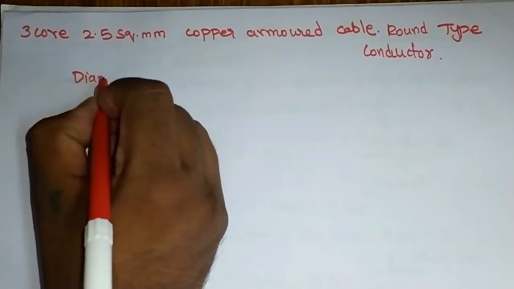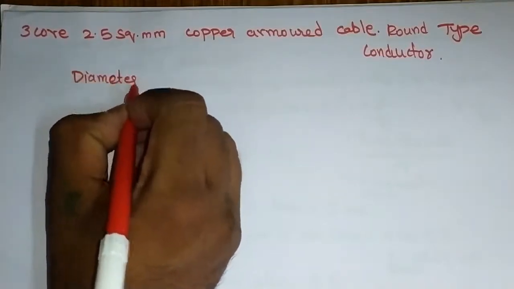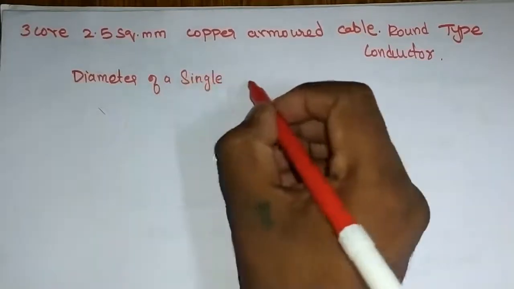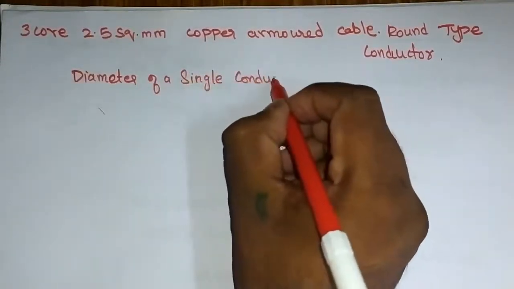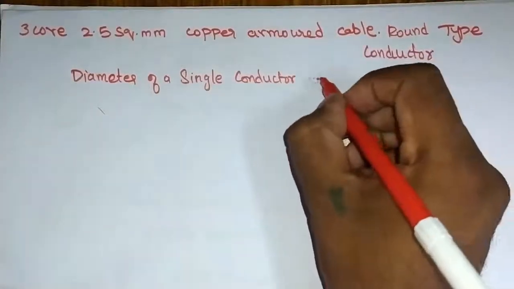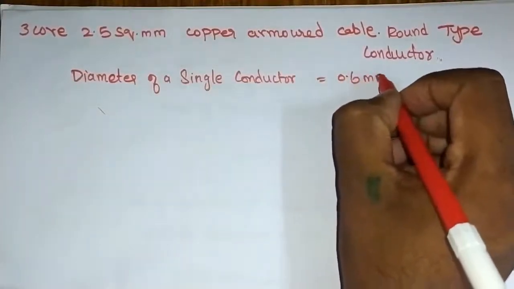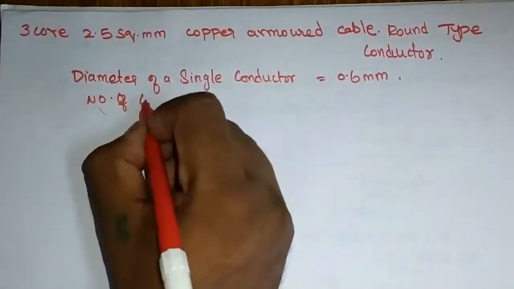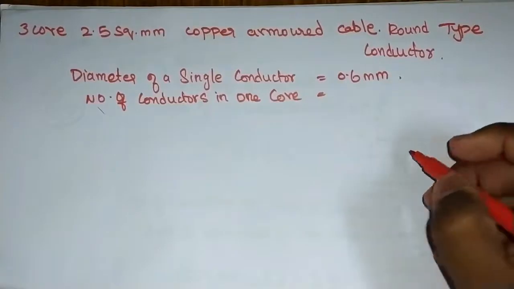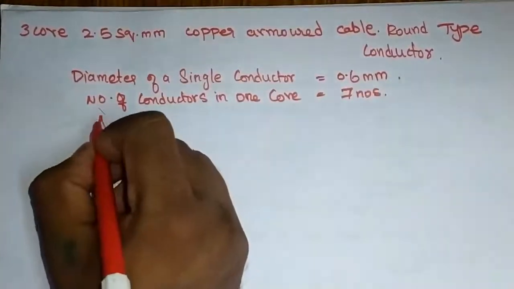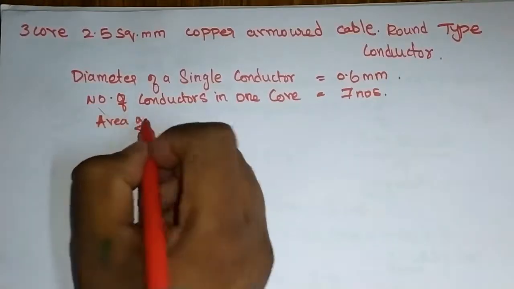The diameter of a single conductor in a core of the 3-core cable is 0.6 mm, and the number of conductors in that particular core is 7, and we have to find the area of one conductor.